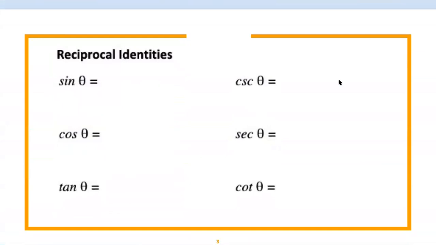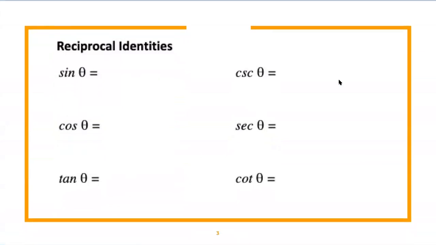All right, so we're going to start with our reciprocal identities. And we actually talked about this a little bit yesterday when we talked about chapter 6. So what is the reciprocal function for sine? Cosine? It's not cosine. Cosecant?